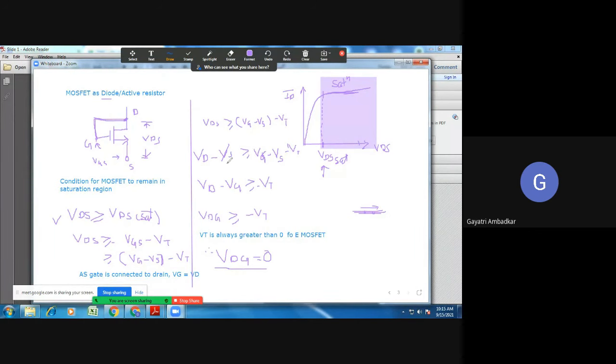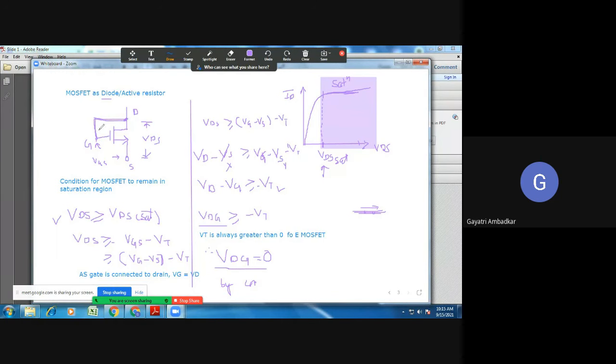So this will cancel each other. If you take VD and this term here, it will become VD minus VG must be greater than minus VT. And the value of VT is always positive for an N-channel MOSFET, which indicates that to keep the MOSFET in the saturation region, VDG must be 0. And we can get VDG 0 by shorting the gate with the drain.